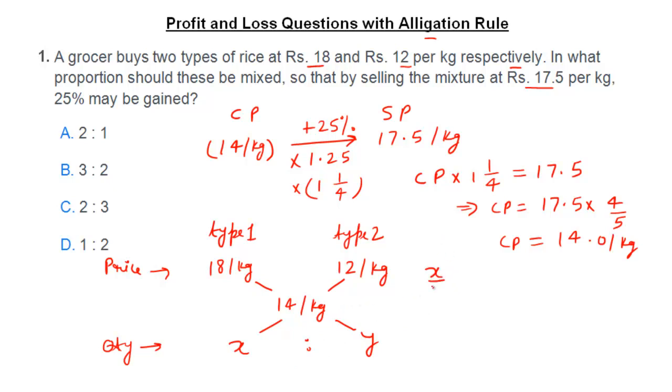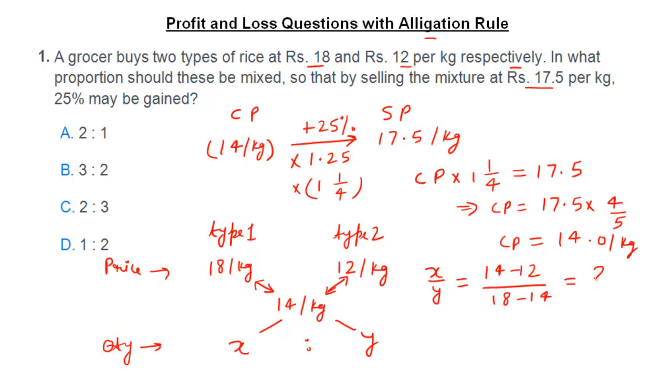So X is to Y is equal to, you go in the direction of X and write the difference, so 14 minus 12, divided by, you go in the direction of Y and write the difference, that means 18 minus 14.